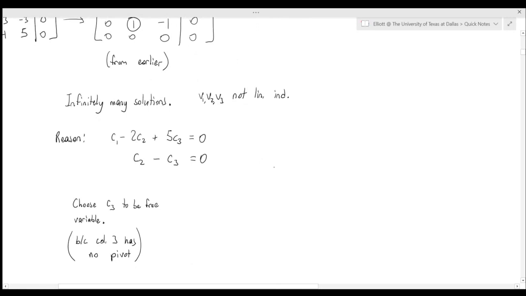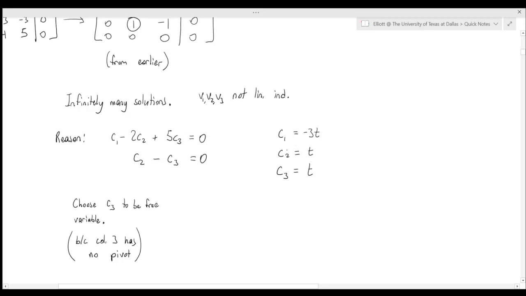And what we did with free variables was we assigned to them a parameter, which is just another variable. And I would typically use t for the parameter. And then looking at this system of equations, we have C2 is equal to C3, meaning C2 is equal to t. And in C1, if we plug in t for C2 and C3, you should get C1 would be negative 3t.